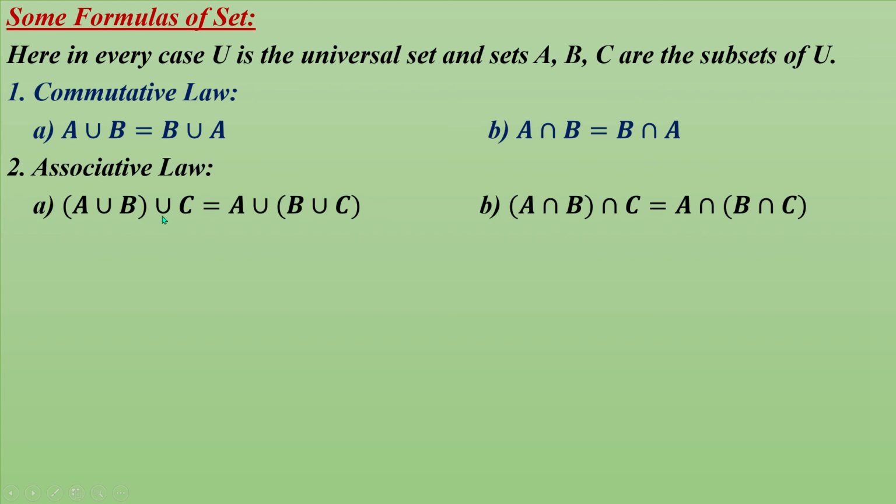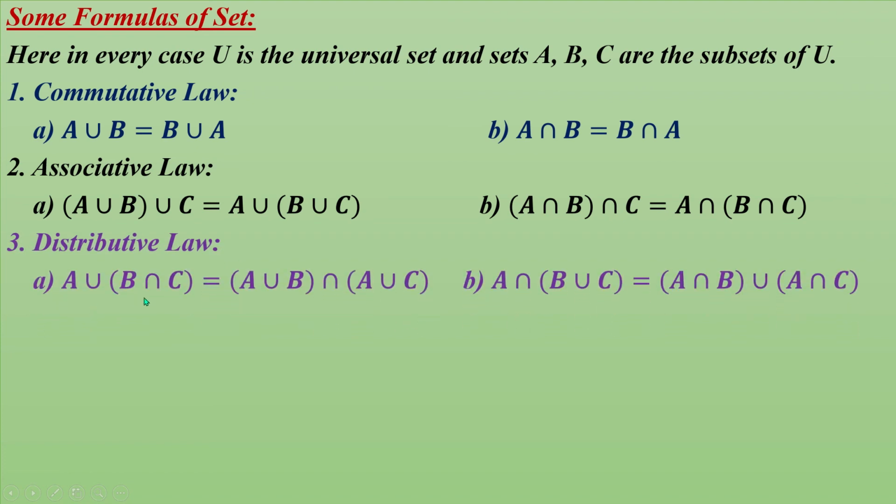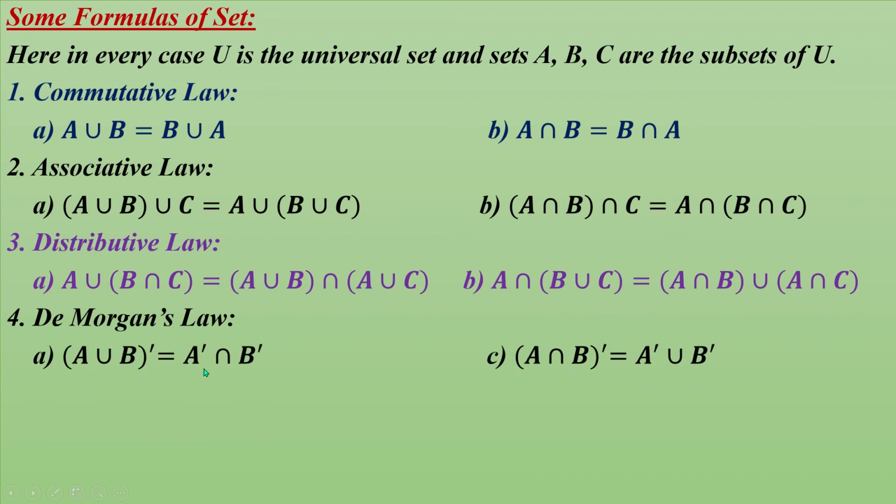A union B, then union C, equal to A union, then B union C, or A intersection B intersection C equal to A intersection, B intersection C. Distributive law. A union B intersection C equal to A union B, intersection, A union C. A intersection B union C equal to A intersection B union A intersection C. De Morgan's law. A union B complement equal to A complement intersection B complement, and A intersection B complement equal to A complement union B complement.